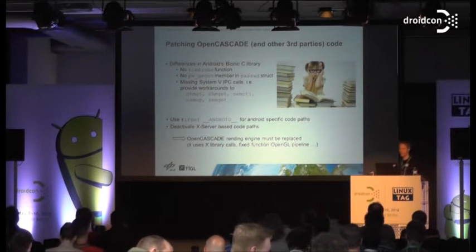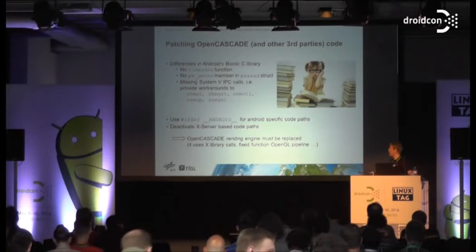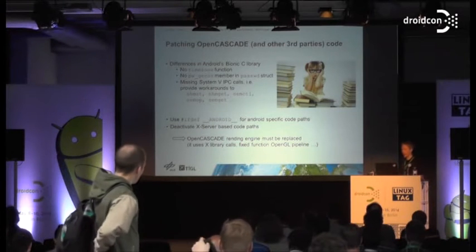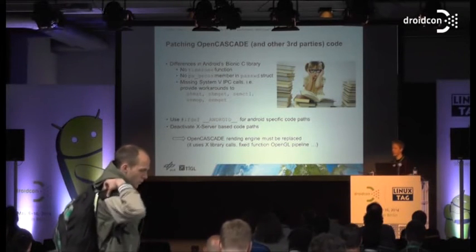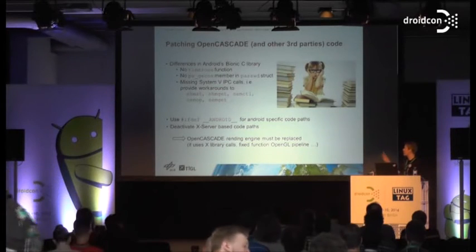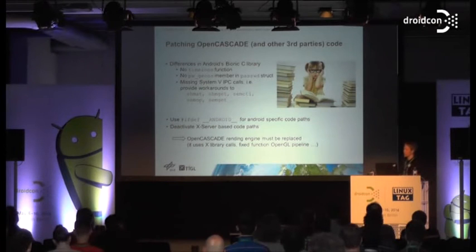It's the Bionic C library, which is part of Android. For example, there's no time zone function. We had to work around that. Also, the passwd structure, a standard structure in the C library, is a bit different. The pw_gecos member is just missing, which has some user information saved.